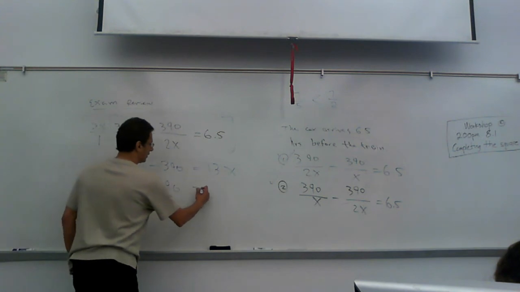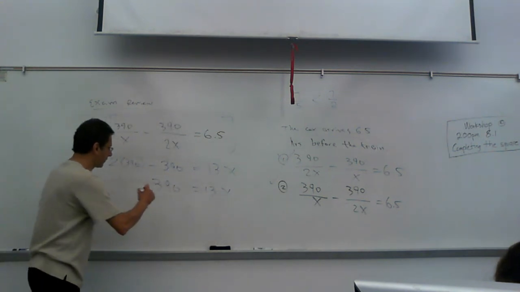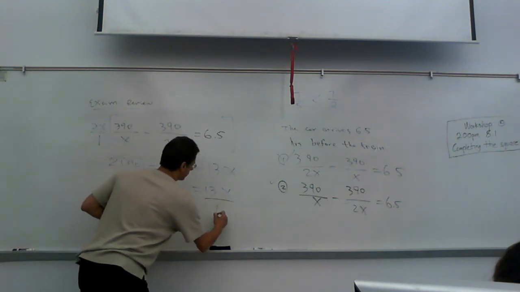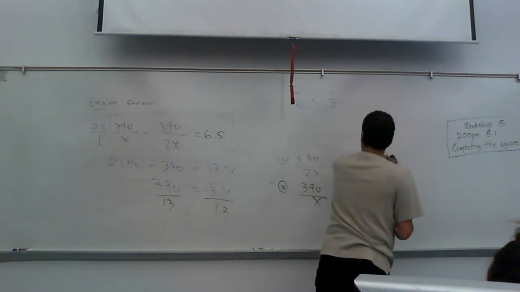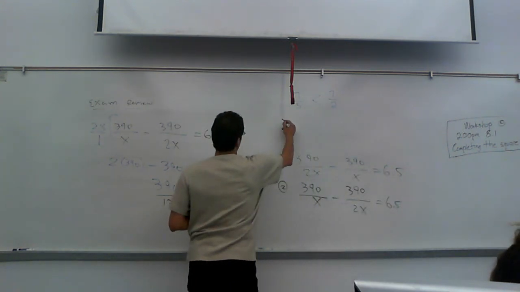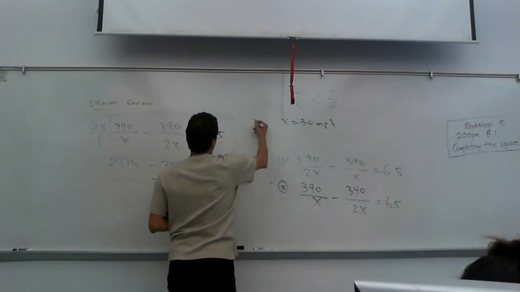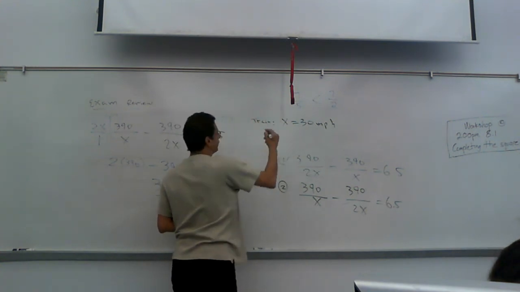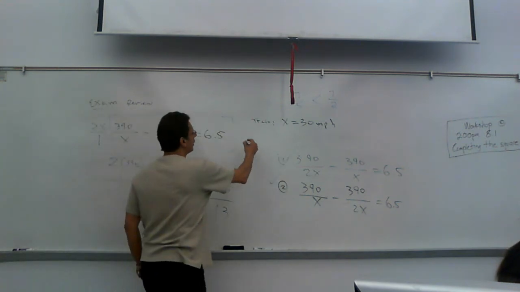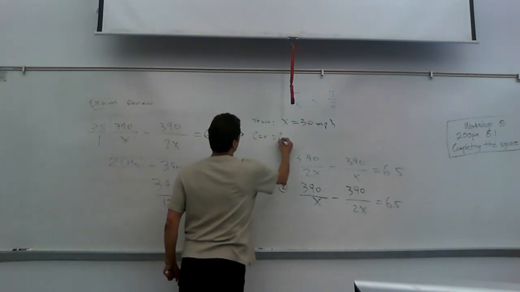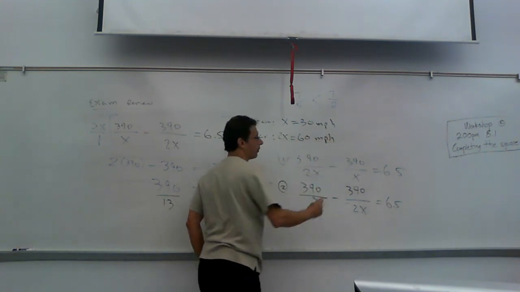And divide by 13. What's the answer? x is 30. And that was the train. Remember that? The rate or speed at which the train is traveling is 30 miles per hour. The car is doing what? 60 miles per hour.